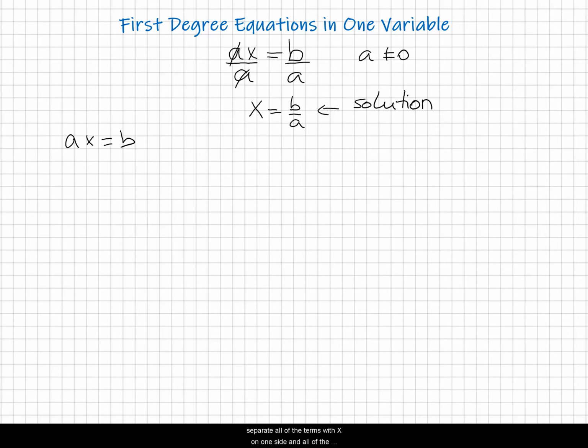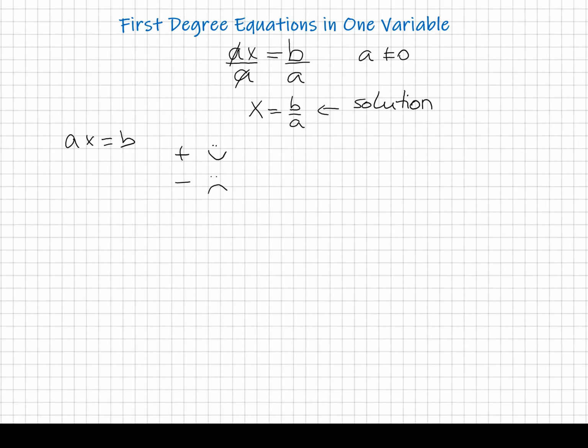So separate all of the terms with x on one side, all of the other terms on the other side. I made a parallel between positive terms, which I said you can think of as being happy people, and negative terms, which you could think of as being sad people, upset.